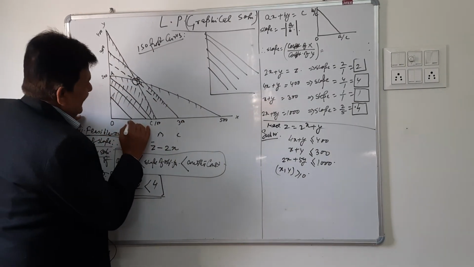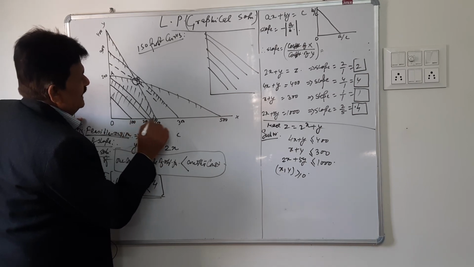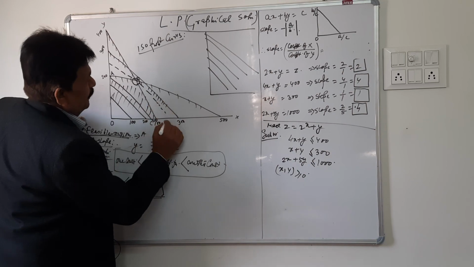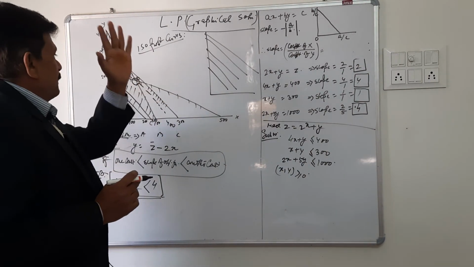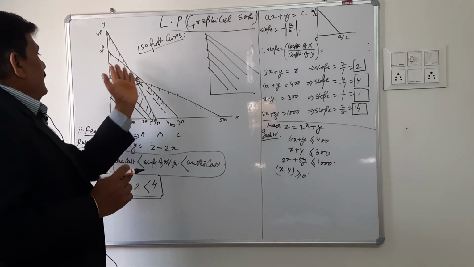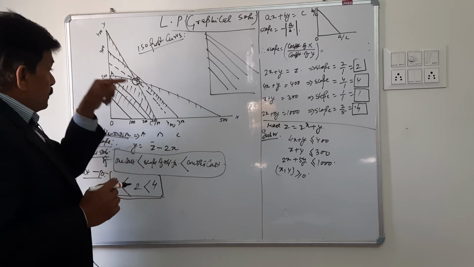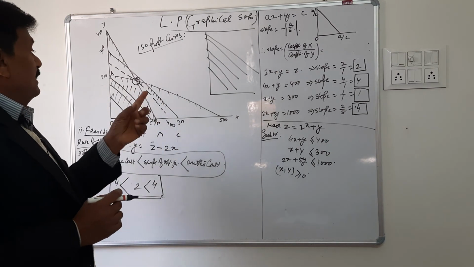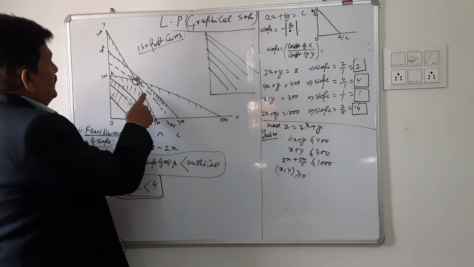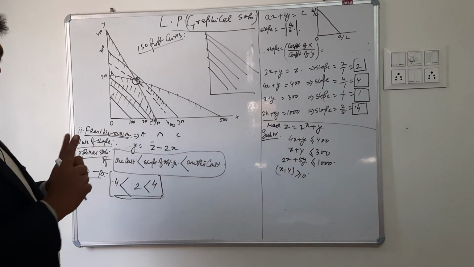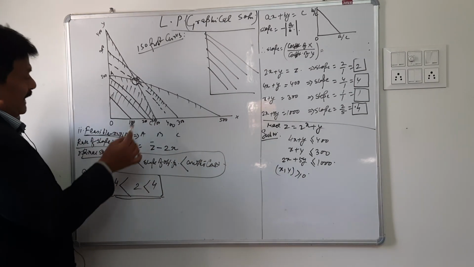Say this is 100 profit, this 200 profit, this 300 profit, let this be 400 profit. For higher profits, we get another isoprofit line, and we go on sketching and plotting the isoprofit curves, and that point of intersection would be an optimal solution at which the slope of this isoprofit curve lies between the slope of the two intersecting lines, and it is very much verified right at point B.